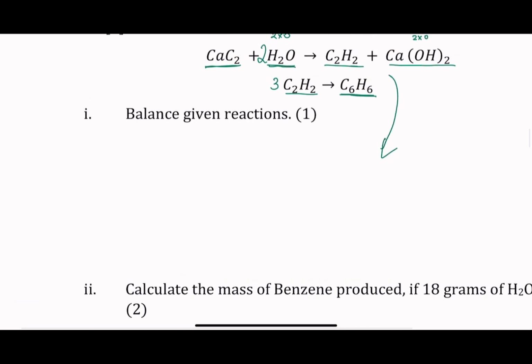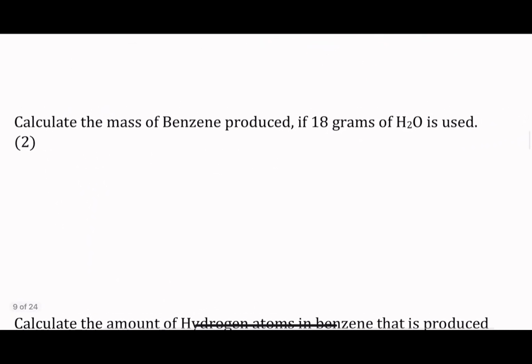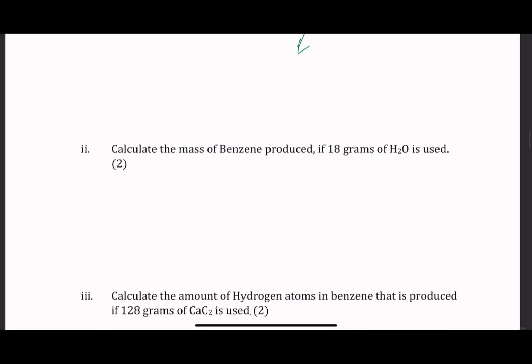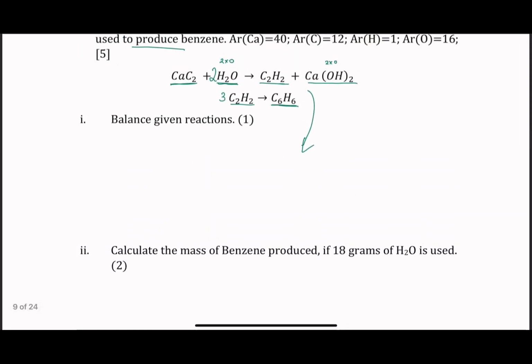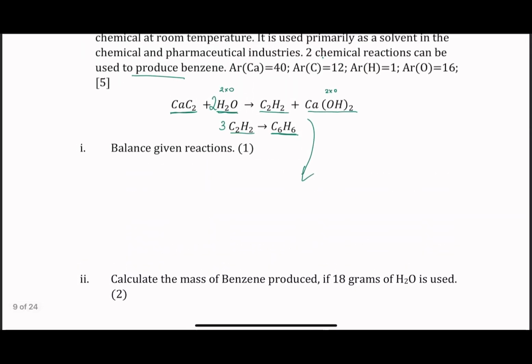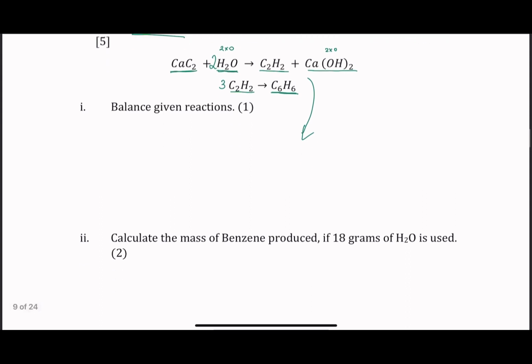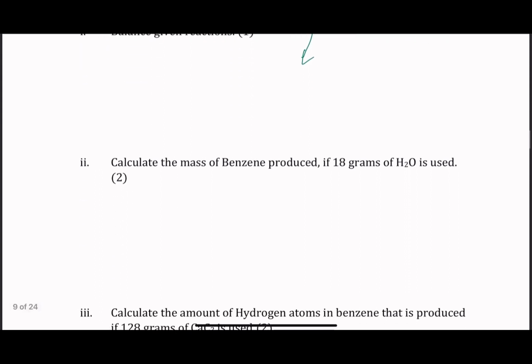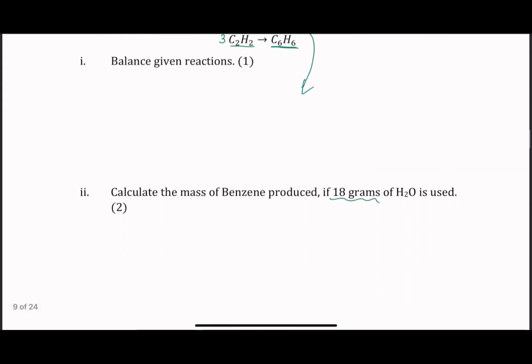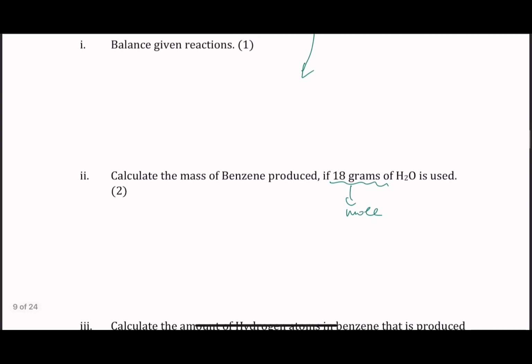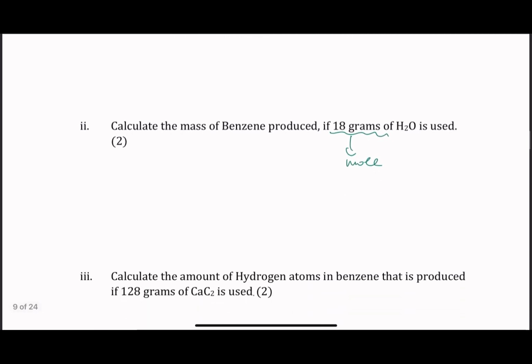So you're going to write them in here. Calculate the mass of benzene produced if 18 grams of water is used. So 18 grams of water were used to calculate the mass of benzene. Now we need to convert all of the grams into moles first, and then we're going to work with the moles on the chemical equations and find our answer. So 18 grams of water.